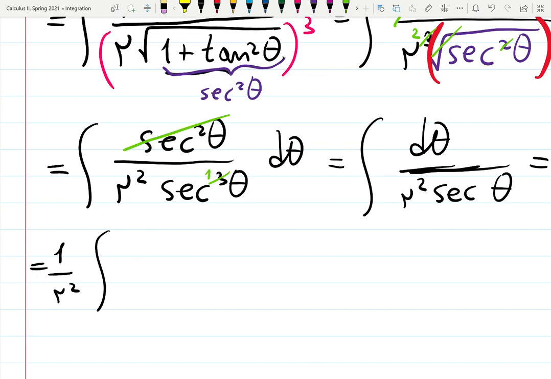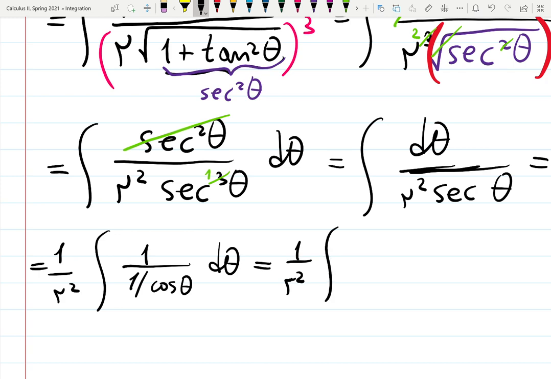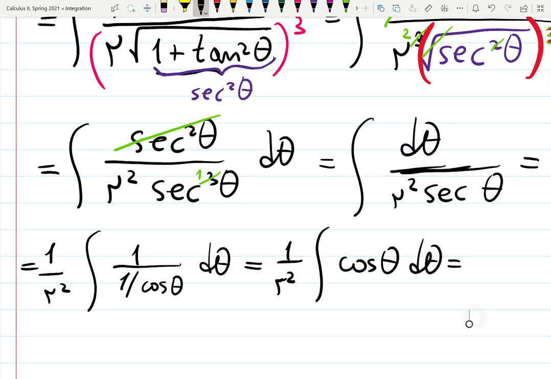That's 1 over cosine, right? So it's going to be 1 over 1 over cosine theta, d theta. Dividing by a fraction means multiplying by the reciprocal, or basically flip the fraction. That's going to be the integral of cosine theta, d theta. Well, do you know how to integrate cosine? Yes, you do.